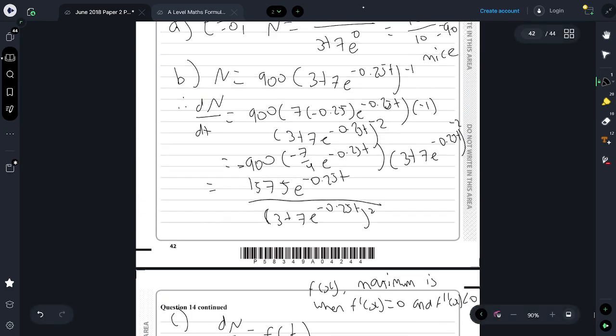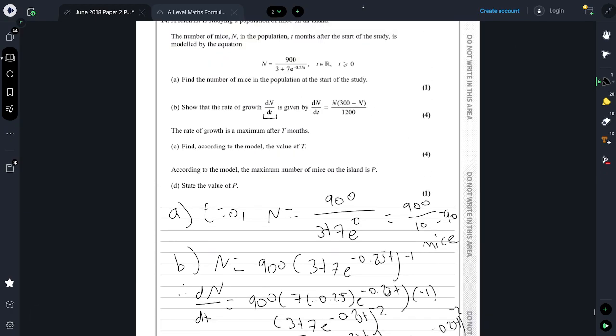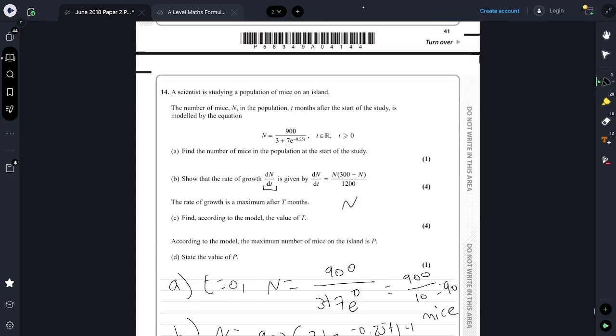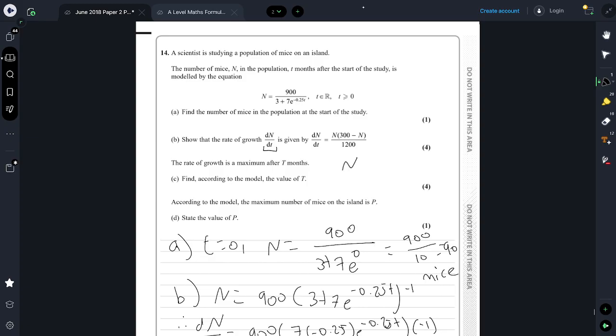So you need to pay attention to the wording in there. The rate of growth is a maximum, not the growth is a maximum, because growth would just be n. The numbers are growing, but it's not just the growth itself, it's the rate of it.